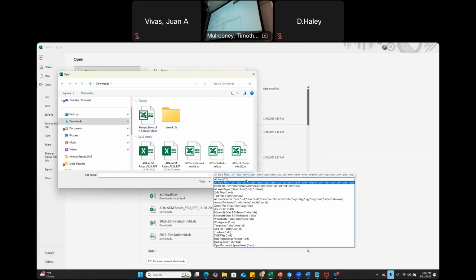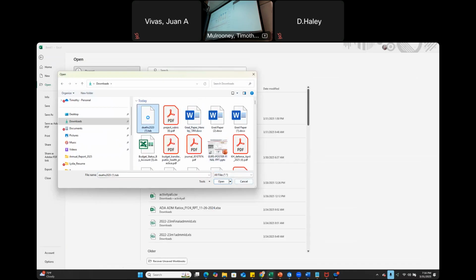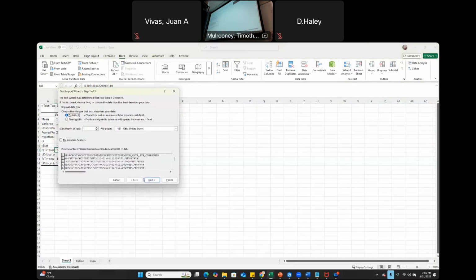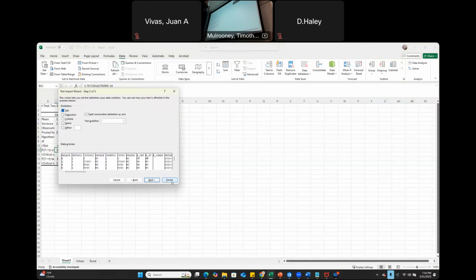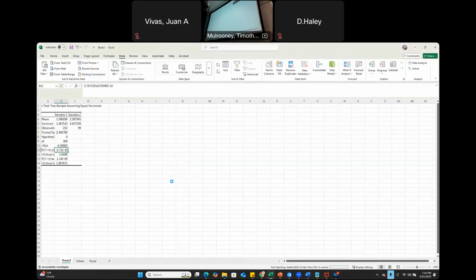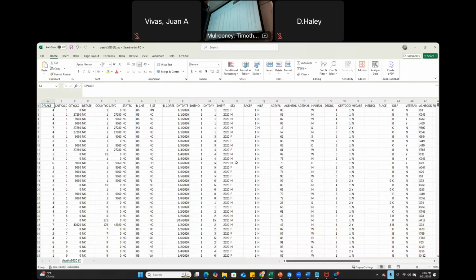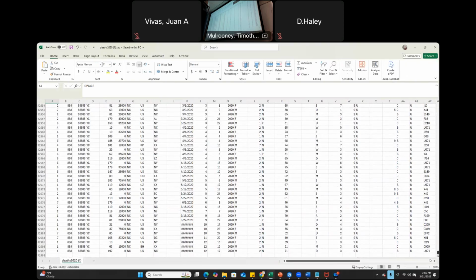Remember, for some of these tabulated files, you've got to go to all files. There we go. And now here's the 2020 data sitting here. Boom. Yep, we got 112,000 records for 2020.